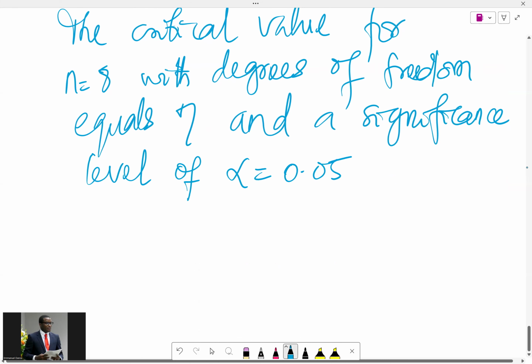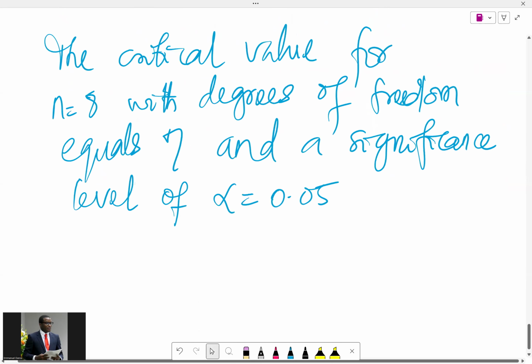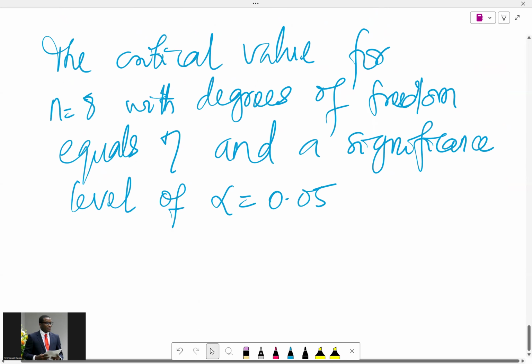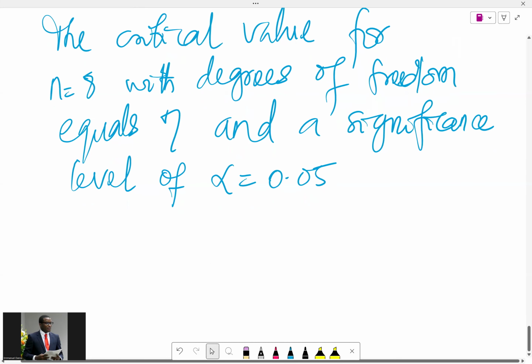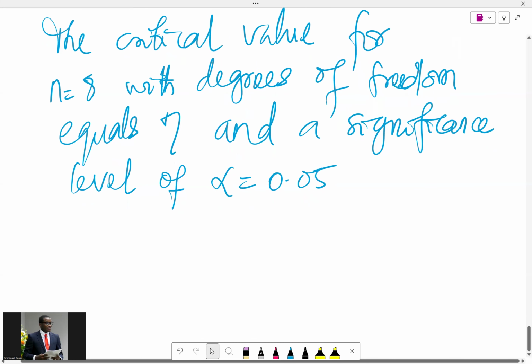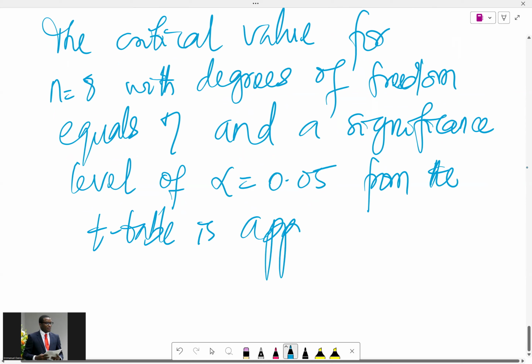We're not given this, so we'll just take this because it's the most common and popular. From the t distribution table, it is approximately 2.365. So master your table.